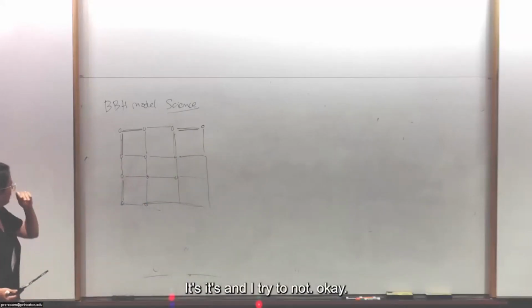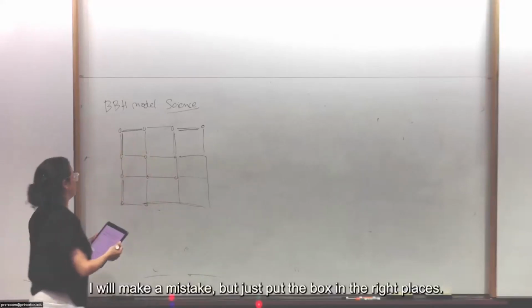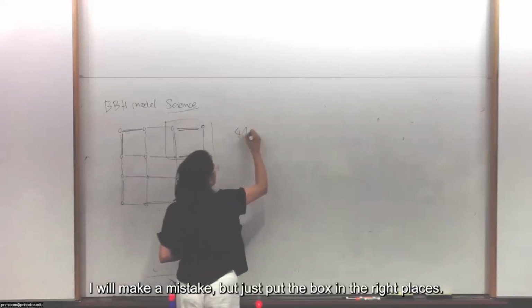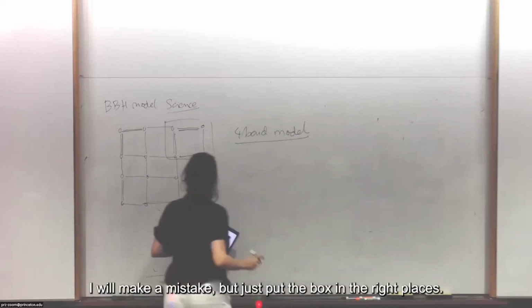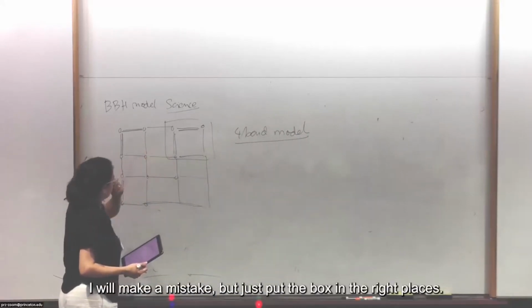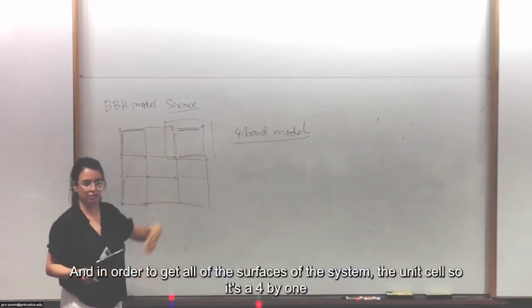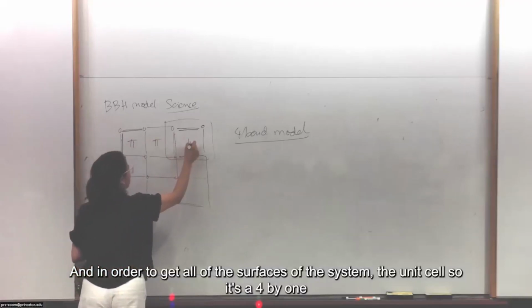And in order to gap all of the surfaces of this system, this is the unit cell, so it's a 4-band model. And in order to gap out all of the boundary states, because this is a bunch of SSH ones, you put a pi flux through the middle.